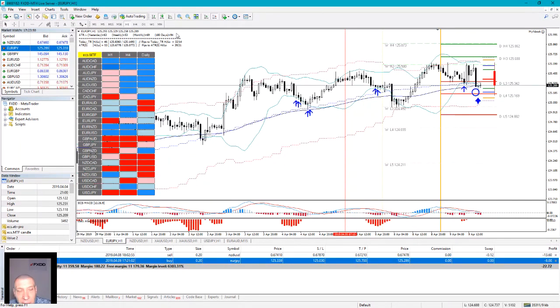Regarding trade management, I already explained for the New Zealand dollar. For the euro yen, guys, once the price makes 20 pips, 25 pips, let's say to 55, you can move your stop loss to plus 20.